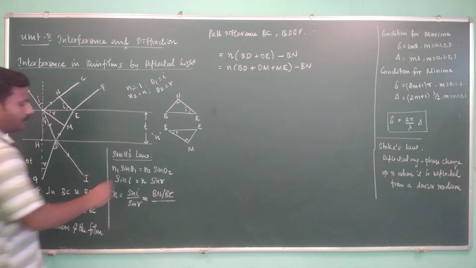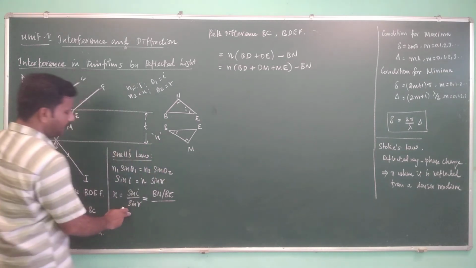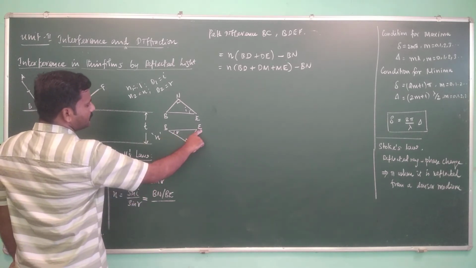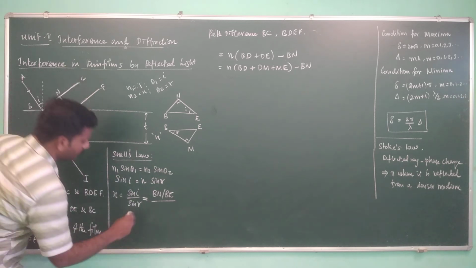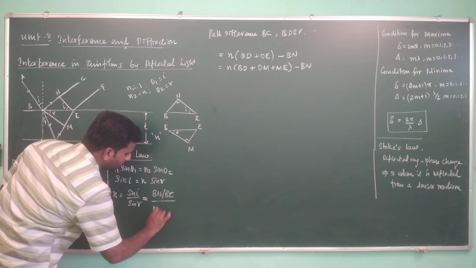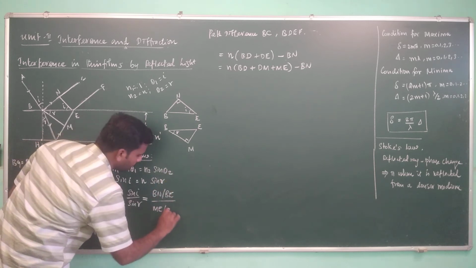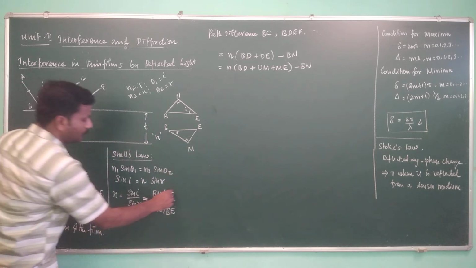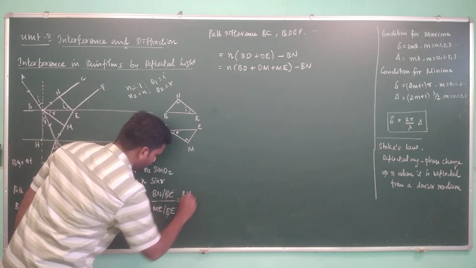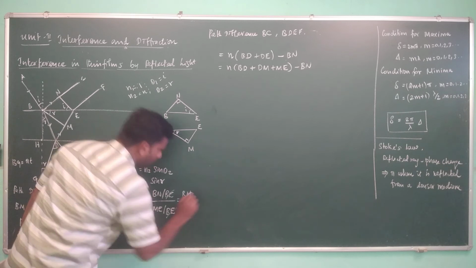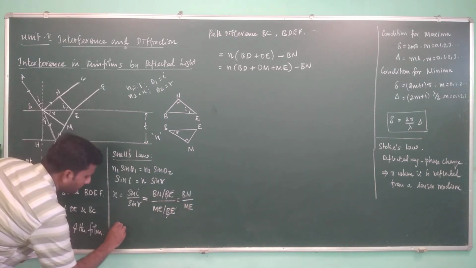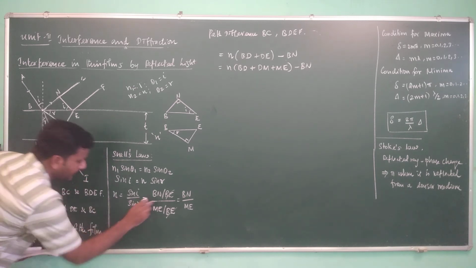For this r, the opposite side is ME and the hypotenuse is BE, so sin r is ME by BE. Now BE cancels out, and we get n equal to BN by ME. Or we can write BN, which is nothing but n times ME.